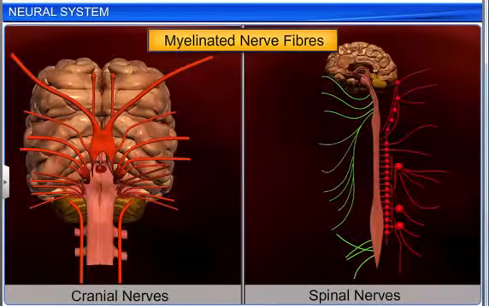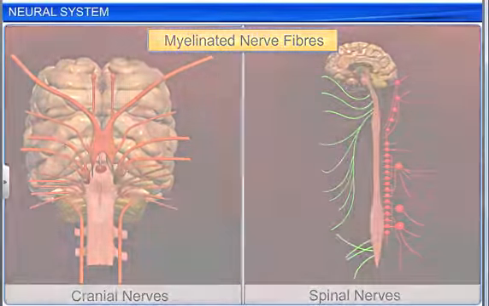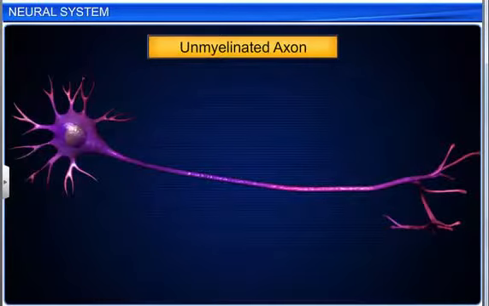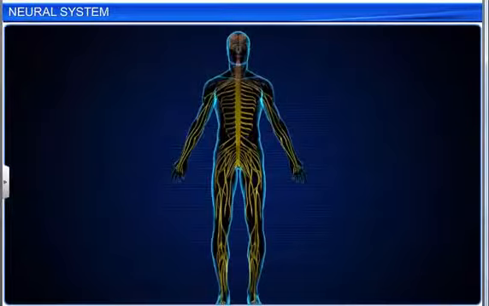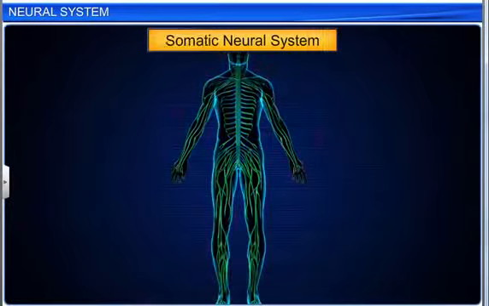These fibers are found in cranial and spinal nerves. Unmyelinated nerve fiber is enclosed by a Schwann cell that does not form a myelin sheath around the axon. Nodes of Ranvier are absent. These fibers are found in the autonomic and somatic neural systems.